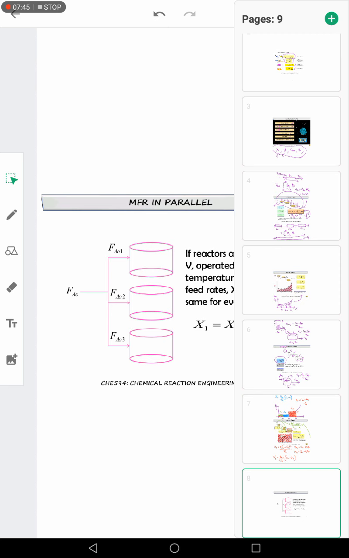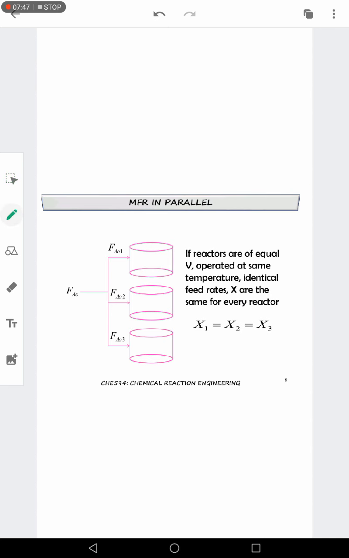Nak masuk sikit dekat kalau you have MFR in series, MFR in parallel. So let's say parallel, you ada flow, kemudian dia berpecah. The pipeline is, dia berpecah begini, dia punya pipeline.